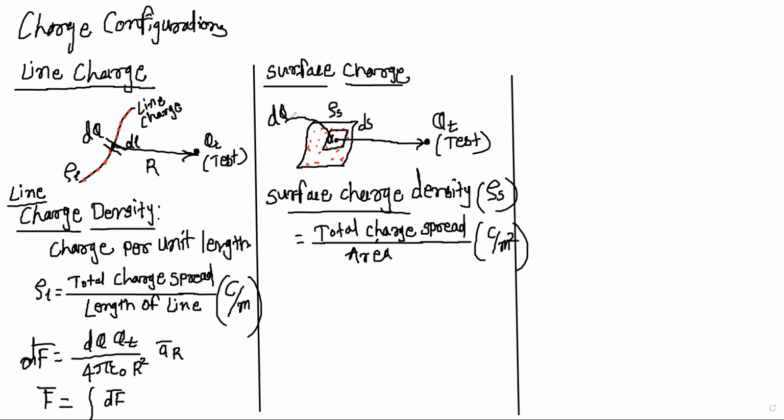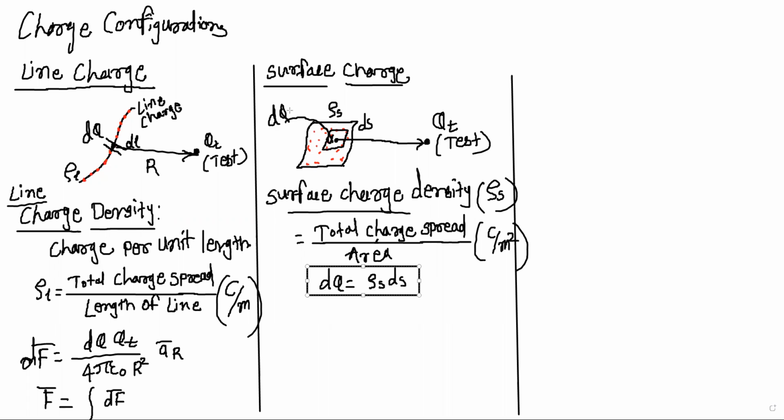So here in this case, dq is equal to rho s ds. Additionally, I am writing this formula. dq is equal to rho s ds.